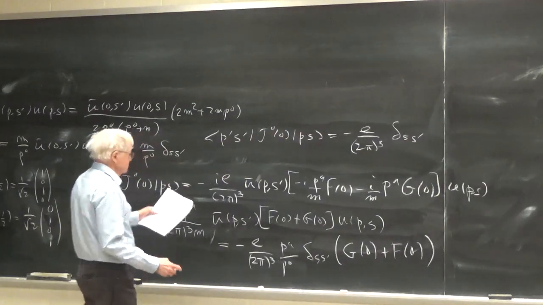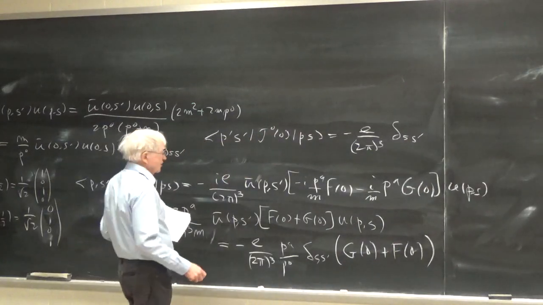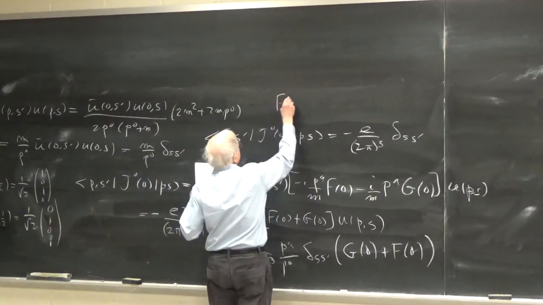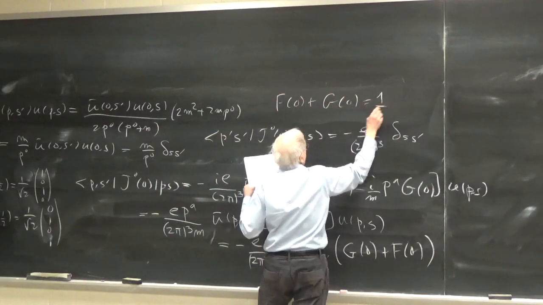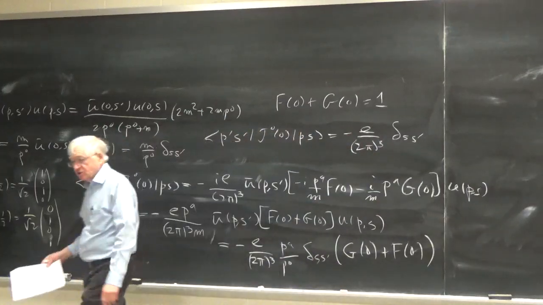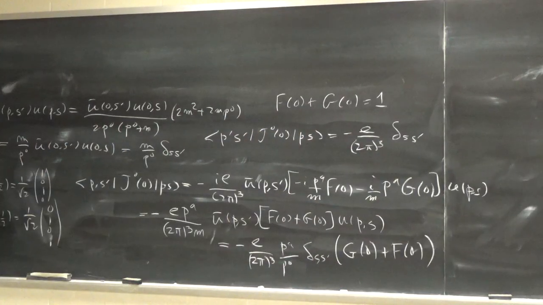So comparing the two, what we get is a normalization condition, namely F of 0 plus G of 0 is equal to 1. So that's a normalization condition that is important in this calculation.